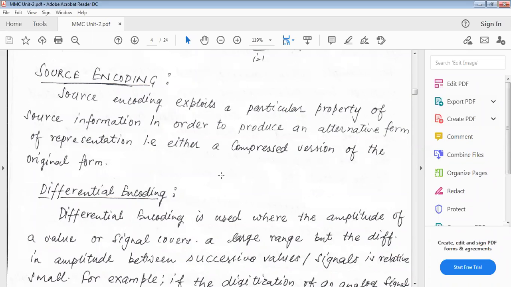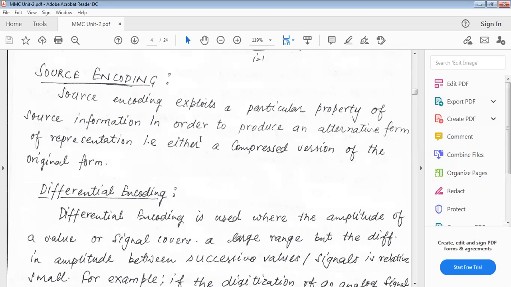They exploit that property, and using that property they make an alternative form of representation, either a compressed version of the original image. That is called source encoding. The source may be different for different multimedia, so they exploit that property. That is the source encoding scheme.